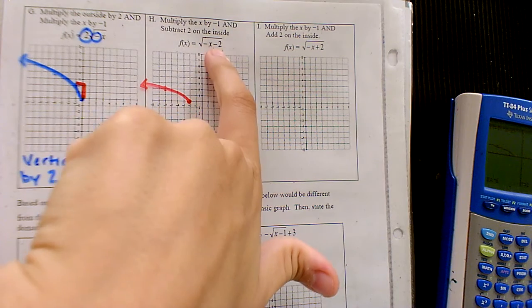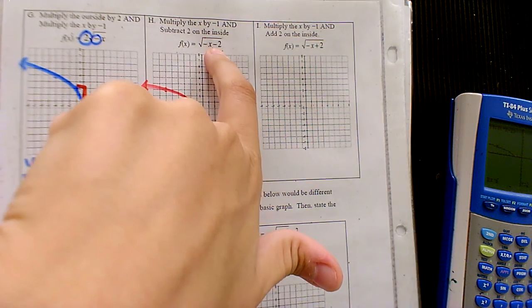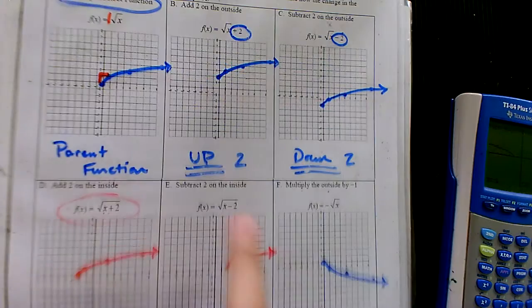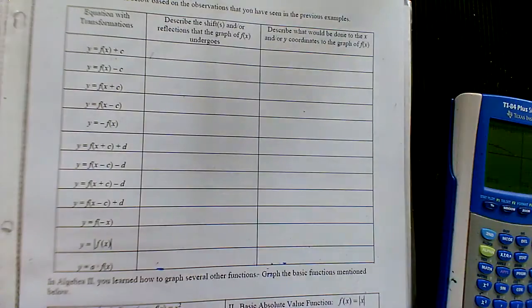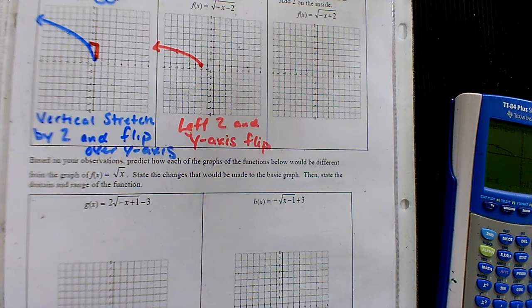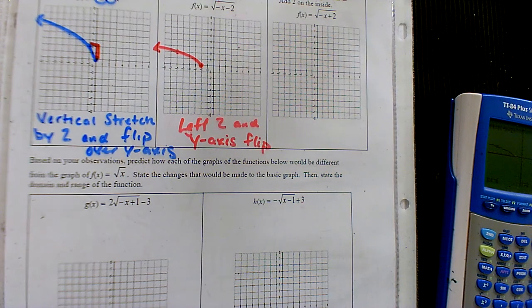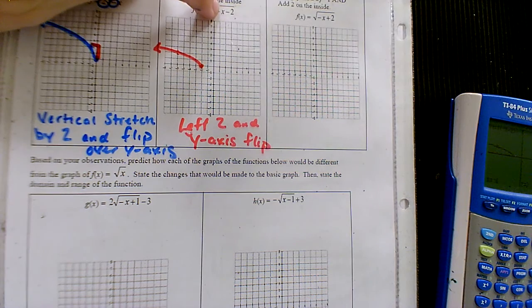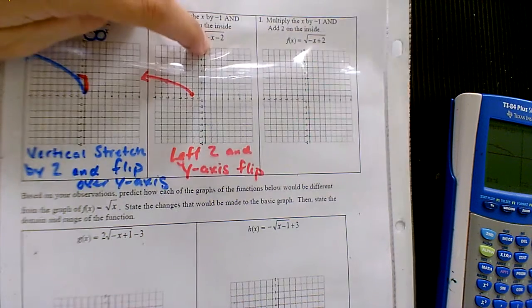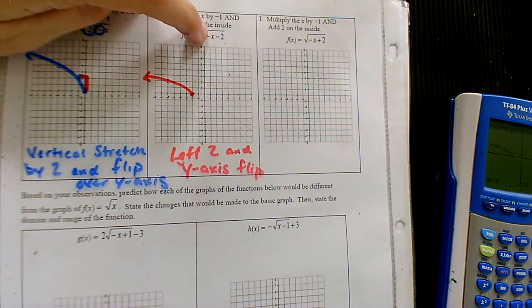Why do you think that this -2 moves left, whereas the previous -2 moved right? Autumn, you have an idea? The x is negative. So remember, the inside kind of does the opposite of what you would think. If that negative in front of the x wasn't there, it would definitely move right 2. But the fact that the negative is in there, that's changing it.